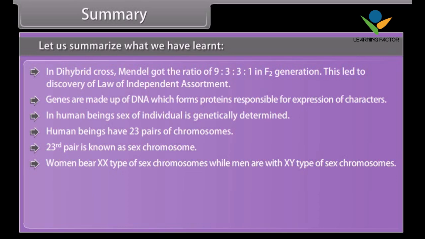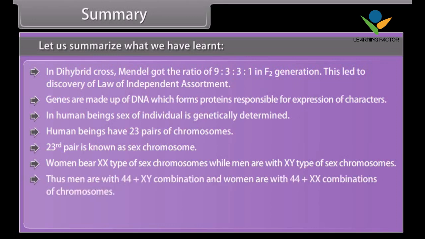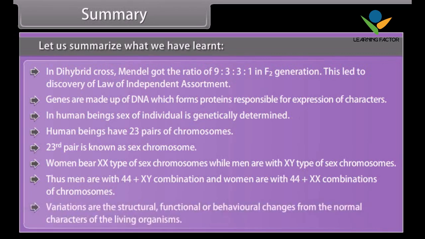Women bear XX type of sex chromosomes, while men have XY type of sex chromosomes. Thus, men have a 44 plus XY combination and women have a 44 plus XX combination of chromosomes. Variations are the structural, functional, or behavioral changes from the normal characters of living organisms.